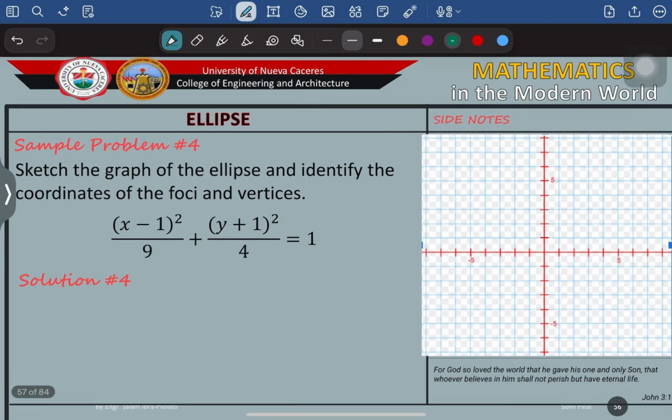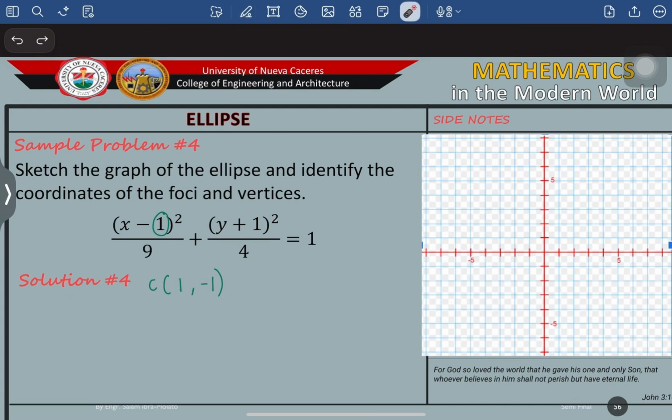Next example. Here, the center is 1 and -1. Again, just copy the numerical value but with opposite sign.